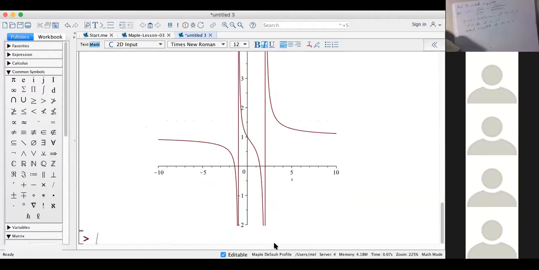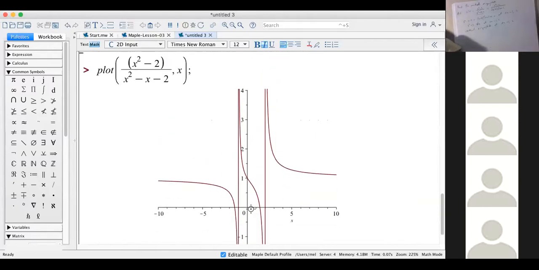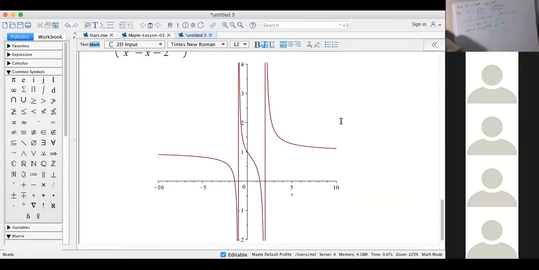Hey, voila, there it is. And you see here at x equal negative 1, you have a vertical asymptote. And here at x equal plus 2, you have a vertical asymptote. So with Maple, you can see very clearly what's going on.